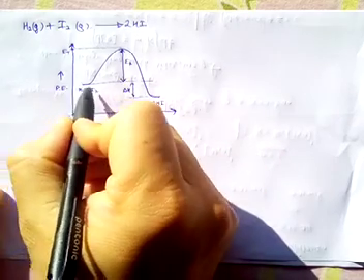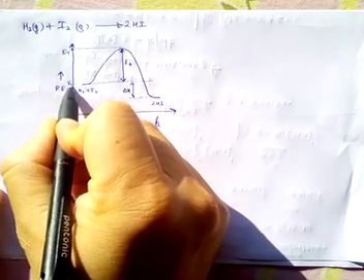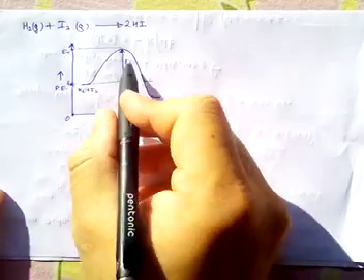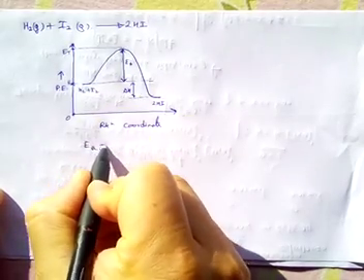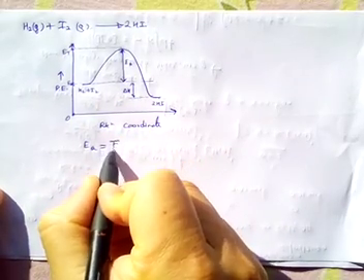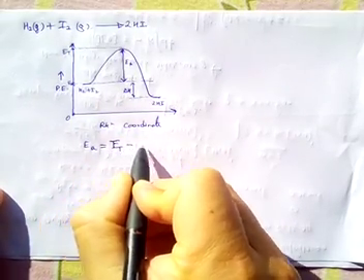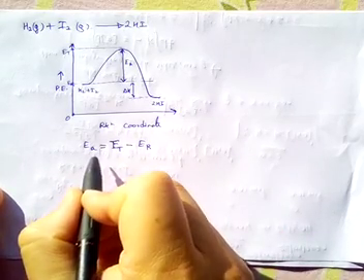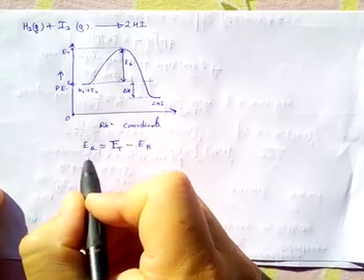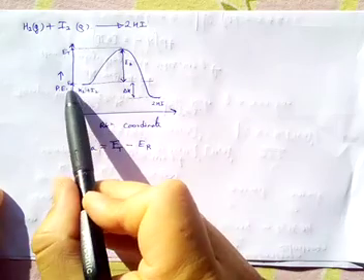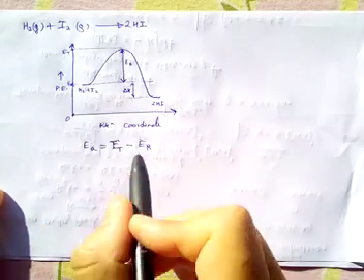This can be written as ER, that is the energy of the reactant. So mathematically we can write EA equals ET minus ER. So activation energy is the threshold energy subtracted by the energy of the reactant.